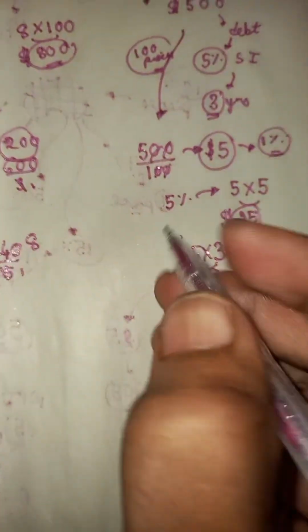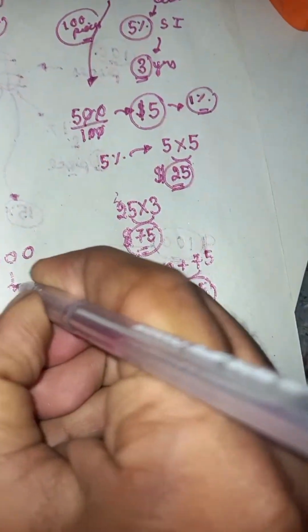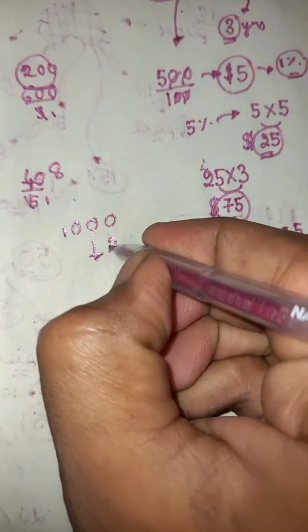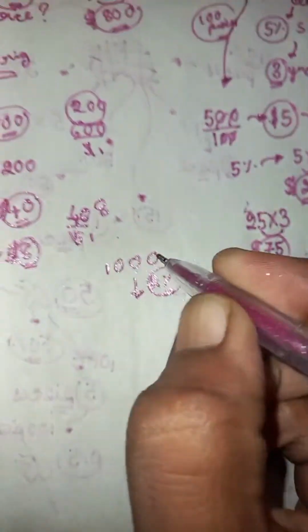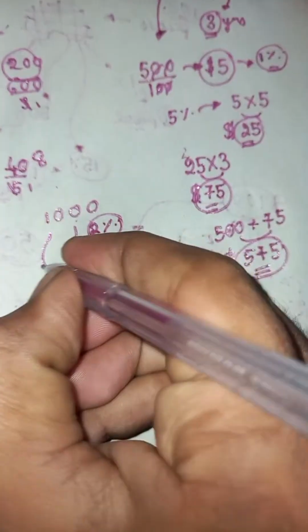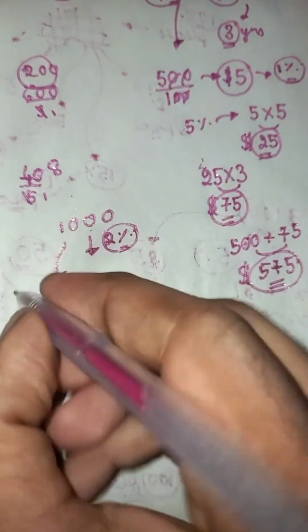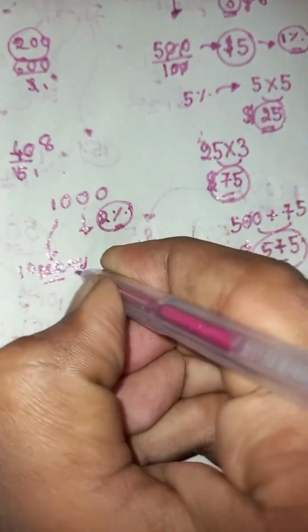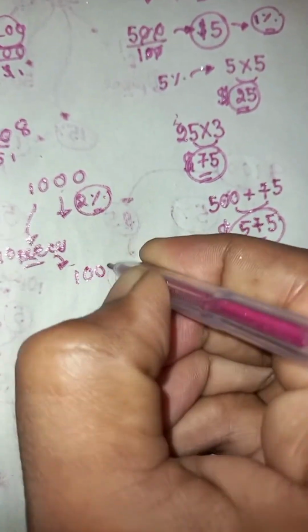There is a population of 1,000 in a city. It is going to increase by 2% this year. What is the new population? You divide 1,000 into 100 pieces. First, if you divide 1,000 into 10 pieces, they are 100 each.